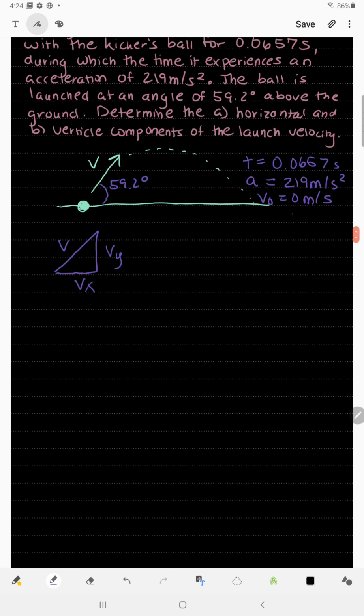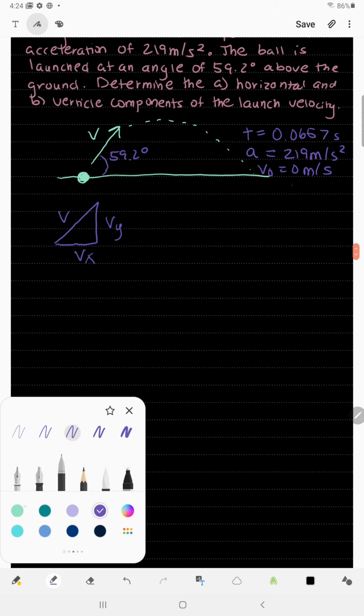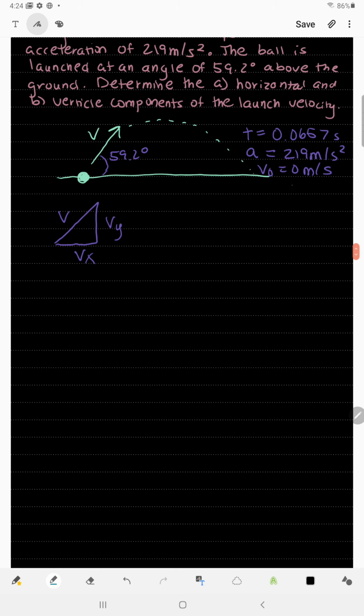So let me scroll down. I'm going to write down this equation. This will be a good start to determining our horizontal and vertical components, because we'll have the hypotenuse figured out, and from there we can use the angle and trigonometry to figure out these components. We're going to just plug in the numbers.